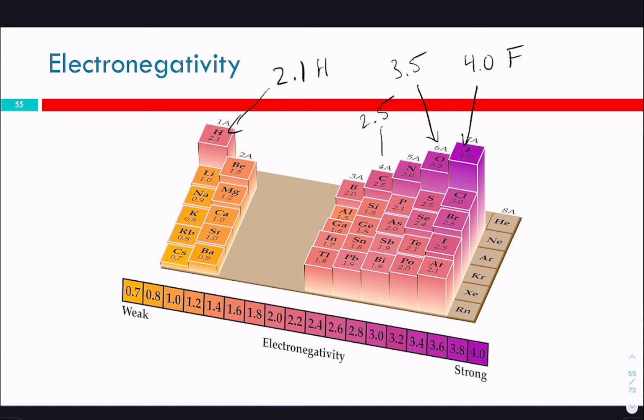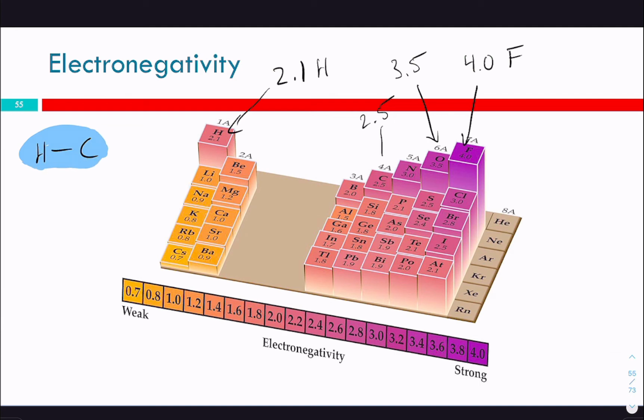So if there's a difference in electronegativity, the electrons will be unequally shared. If we have something like hydrogen bound to carbon, hydrogen is 2.1, carbon is 2.5. So the difference is almost 0. It's very, very small, so they're going to be very equally sharing those two electrons.